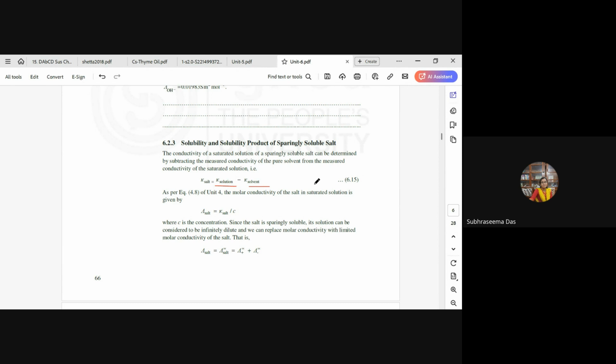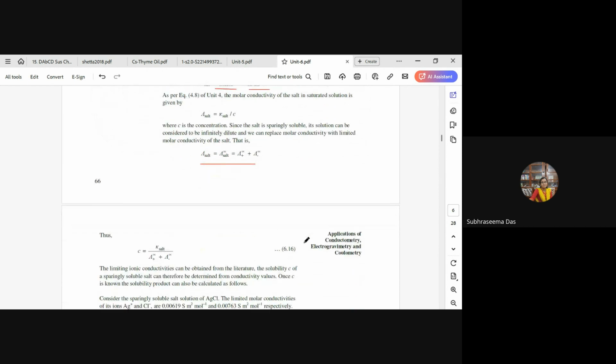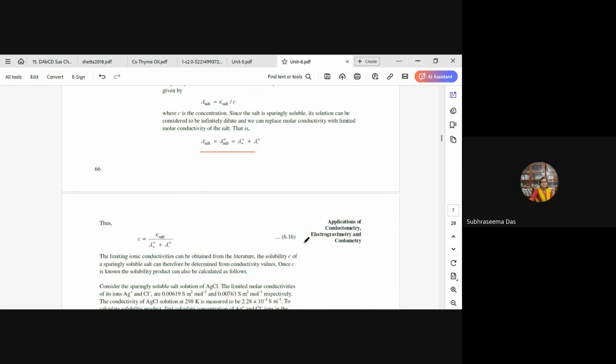We know the molar conductivity of the salt, lambda salt, can be written as kappa salt by its concentration C. Since the salt is very sparingly soluble in water, lambda salt is equal to lambda infinity of salt, which is equal to lambda infinity of the cation plus lambda infinity of the anion.